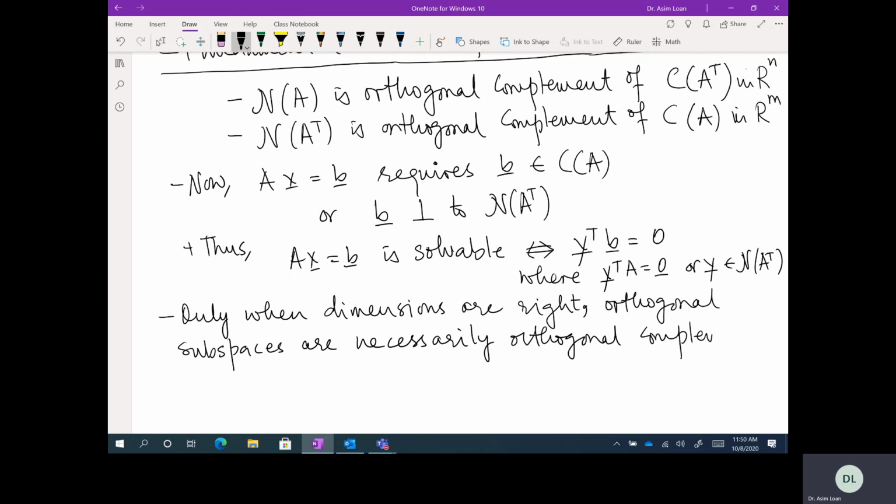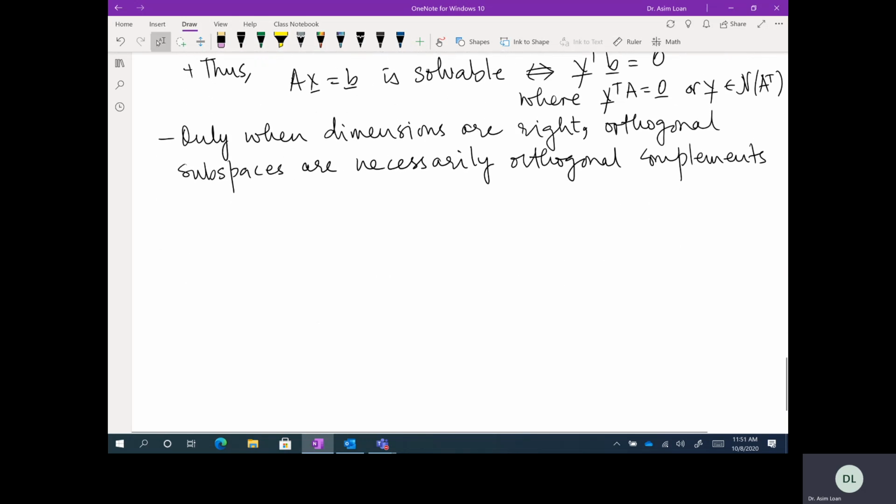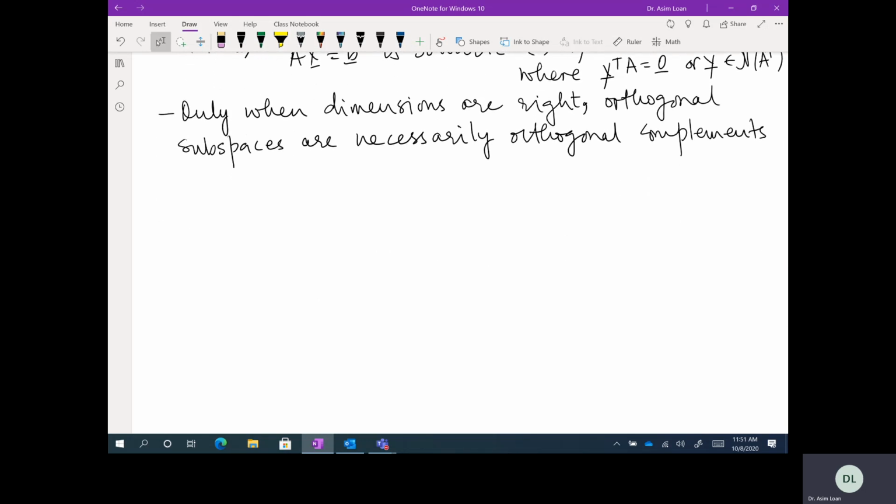orthogonal complements. So if you recall, in chapter 2 we had a figure, and let me draw that figure again.